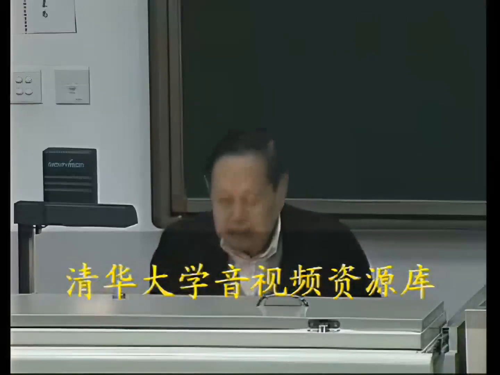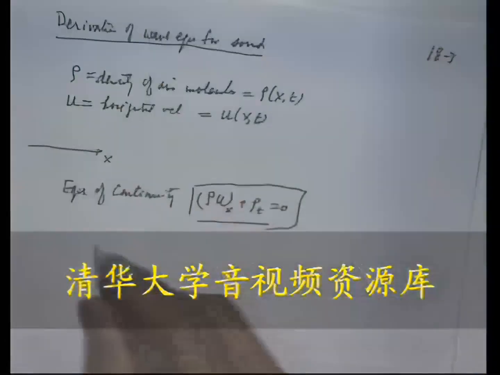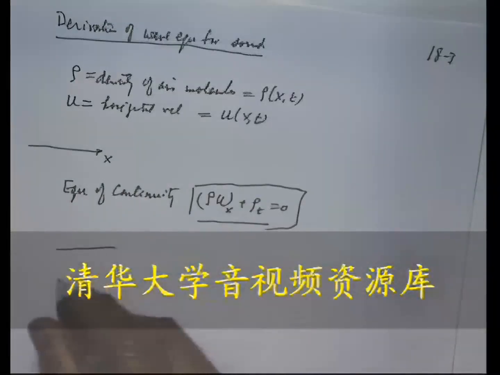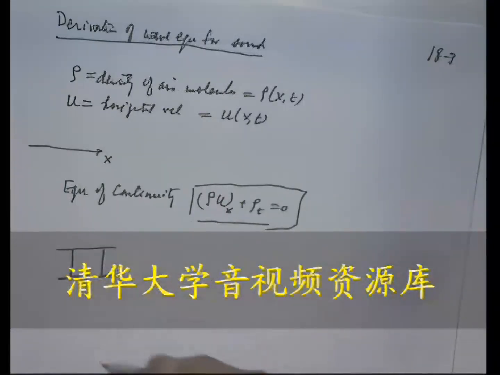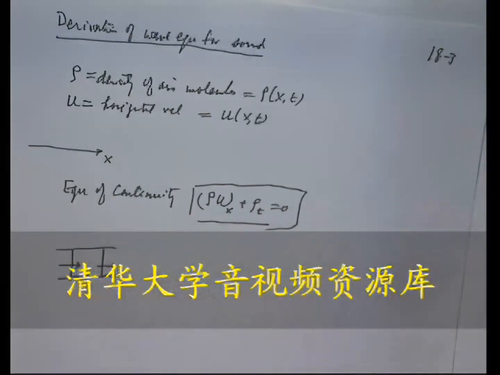So this equation is extremely important, and it's extremely easy to derive, because if I think of this motion, if I think of a column of air, and I ask, air is moving, so air mass is moving in and air mass is moving out.